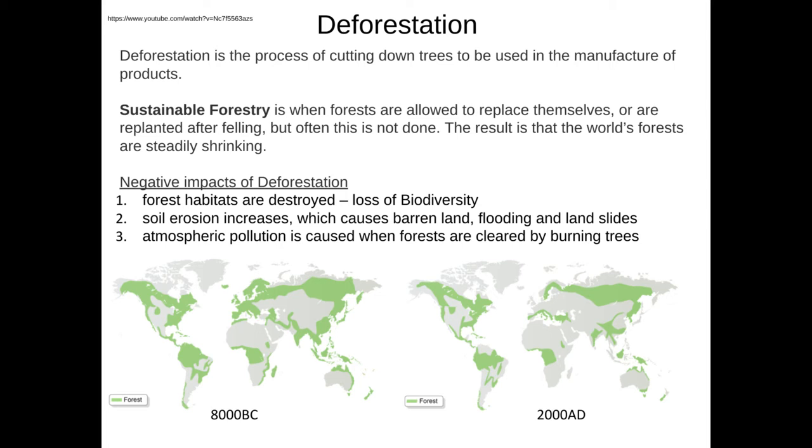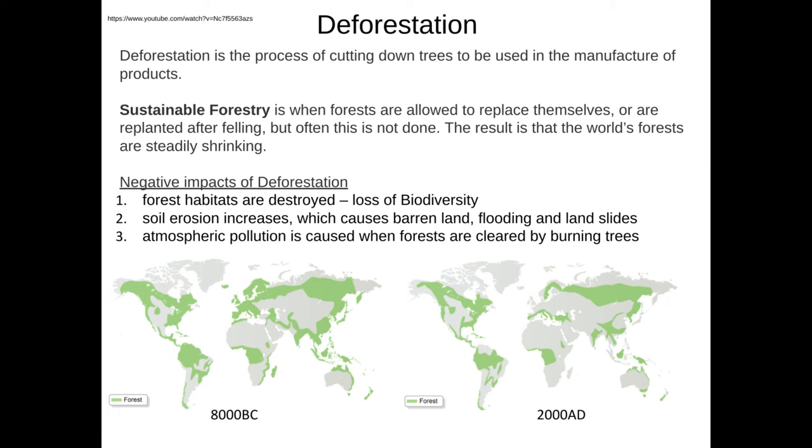There's also the atmospheric pollution caused when forests are cleared, through the machinery to do it, the burning of trees, the fuel usage from the machinery. Sustainable forestry is what we should be practicing, and that is when a new tree is planted when a tree is cut down to be used.